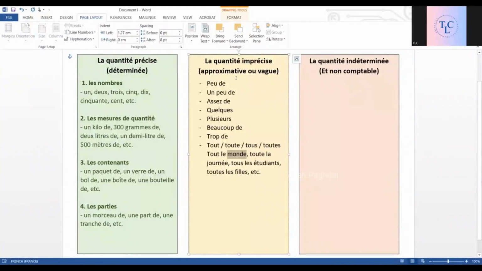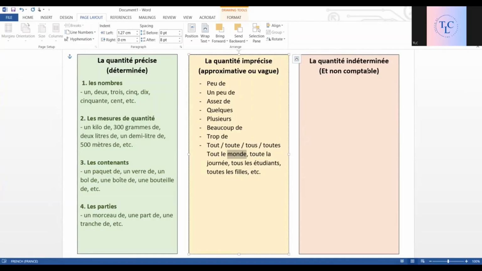Yes. So this is when the quantity is known, but it is not precise. Okay. Then let's talk about the last one, la quantité indéterminée. There is obviously something in front of us. We have it, but we don't know how much it is, or we are not telling how much it is.